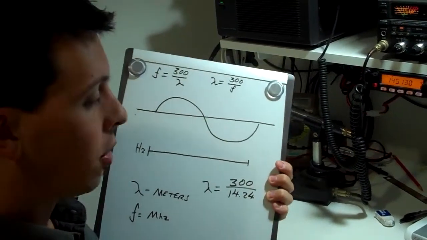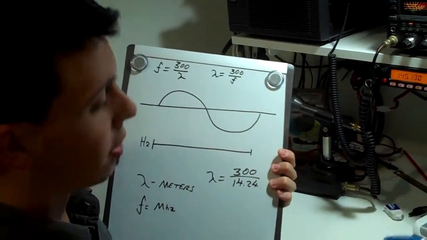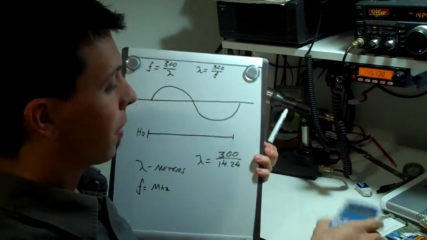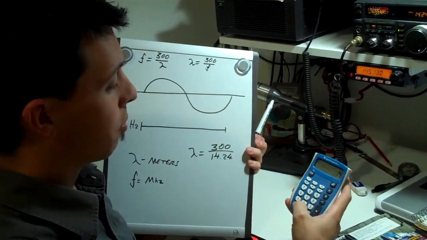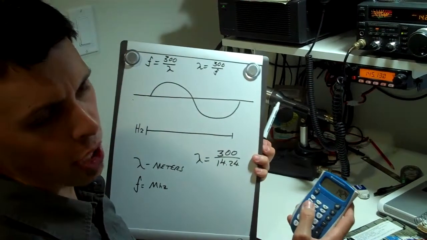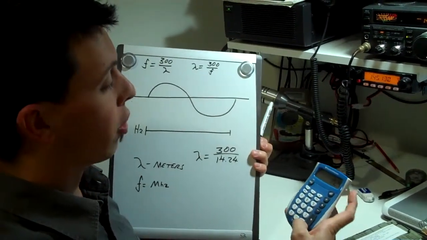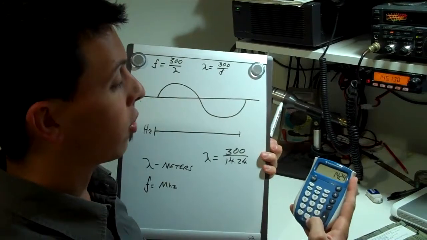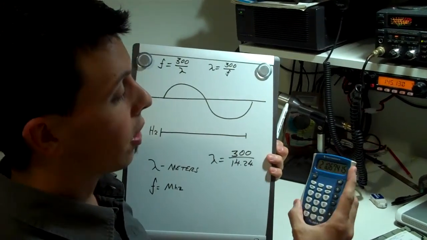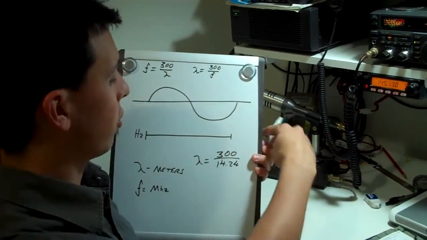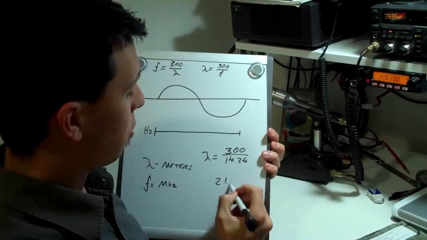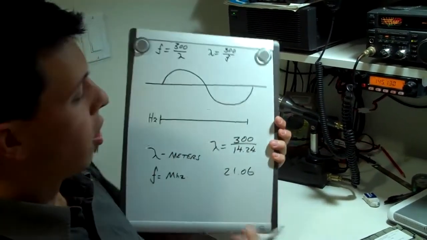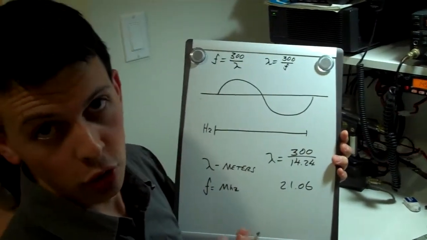14.24. We take our little calculator, and yes, you can take a calculator to the exam. 300 divided by 14.24. Just make sure your calculator doesn't have advanced memory or isn't a scientific calculator. They might not let you use that. The answer is 21.06. Now, because this is a rough equation, you're going to have multiple choice answers on your test.